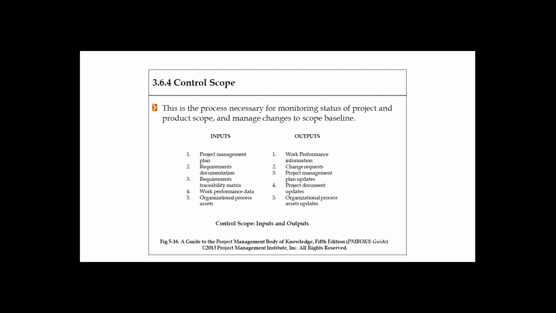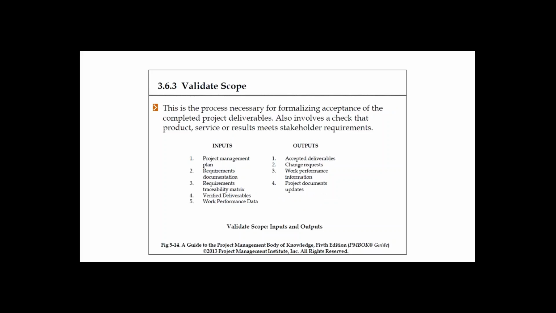Here validate scope is where you are verifying the deliverables and ensuring that the acceptance criteria for that product is met, and whether the stakeholder requirements are matching. That means you are basically doing a quality kind of check, but it is not. Quality checks will be performed separately, but here you are ensuring the requirements are met, a functional way of validating your deliverables.